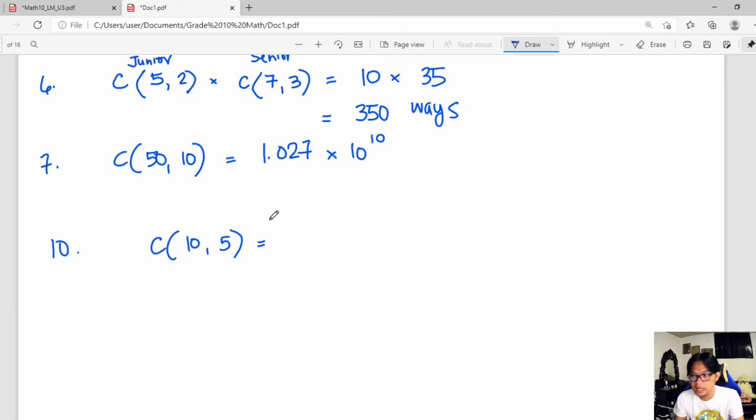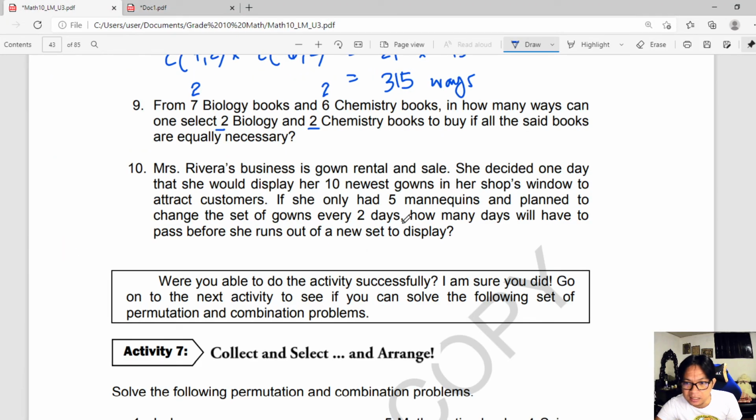So meron siyang 252 ways paano niya ma-design yung kanyang mannequin, no? To change, there are 252 ways ng set of gowns.